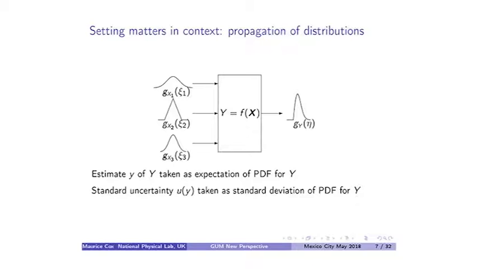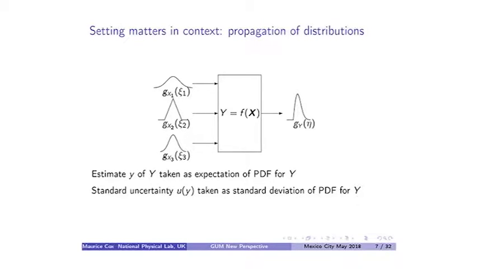On the other hand, the propagation of distributions starts with distributions of the input quantities. Again, I've indicated three input quantities, one having a normal distribution, one having a triangular distribution, and one having a rather narrower normal distribution. And depending on what the measurement model is, the output distribution can take almost any form.